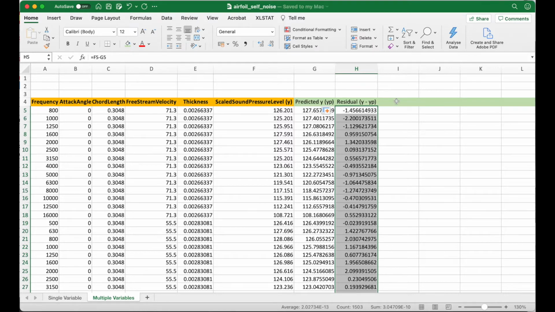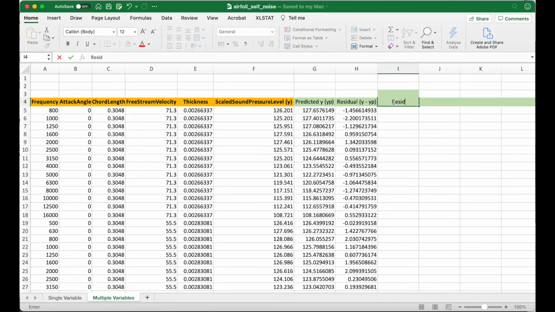Now let me find out the residual squared. So this is residual to the power 2. This is also simple. I could just say this to the power 2. Now let me copy this.